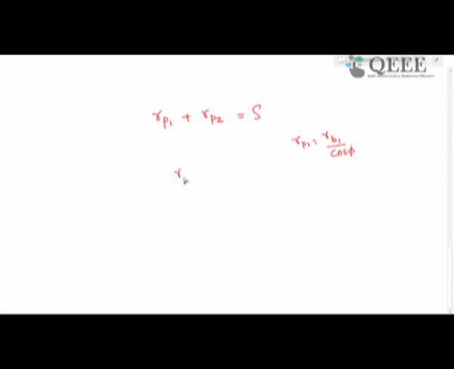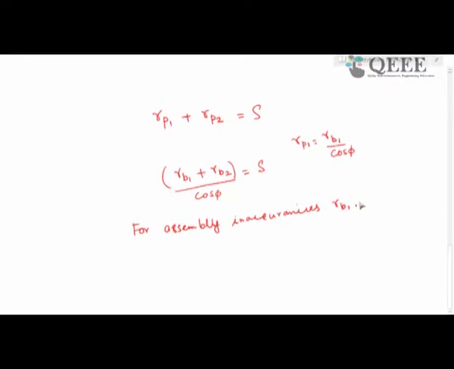So, what we must have under all conditions is this: RB1 plus RB2 divided by cos phi should be equal to S. For assembly inaccuracies, RB1 and RB2 do not change, the base circle does not change.